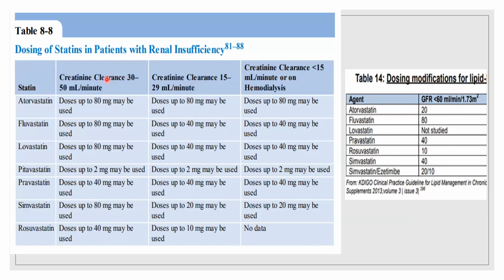This is why I put two, because there are two different literature sources. For example, here, if you have creatinine clearance 30 to 60, atorvastatin can go up to 80 actually. Even if the creatinine clearance is less than 15, it can still go up to 80. But fluvastatin and lovastatin are all reduced by half.